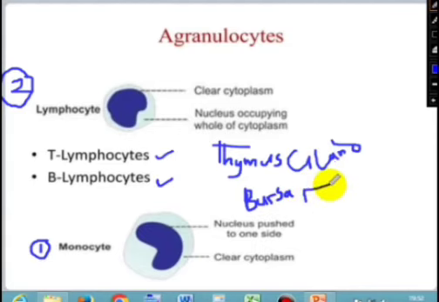You know how to spell it now, so you don't stress it. Bursa of Fabricius in birds.